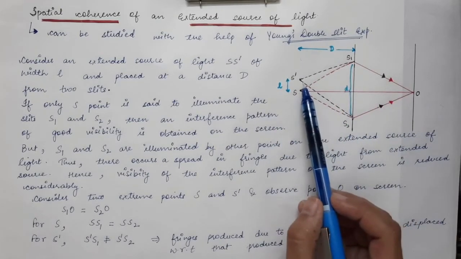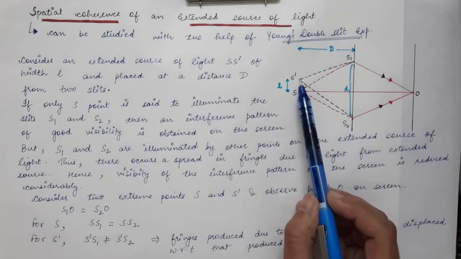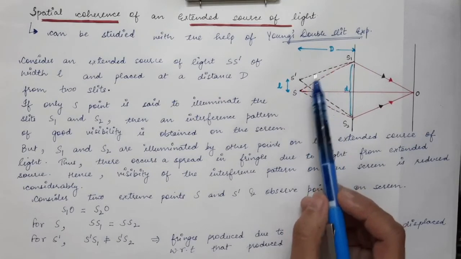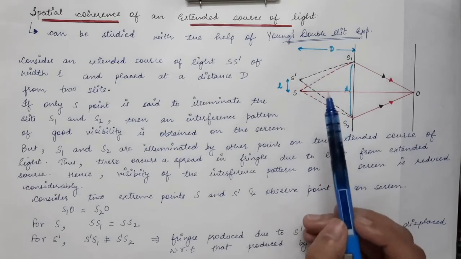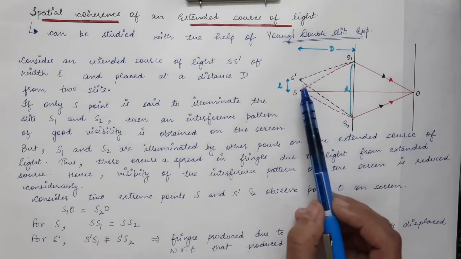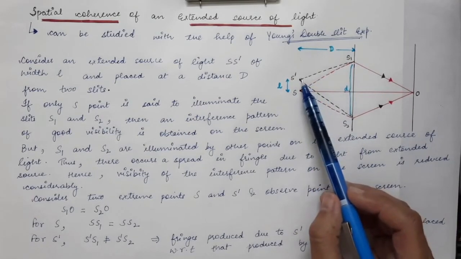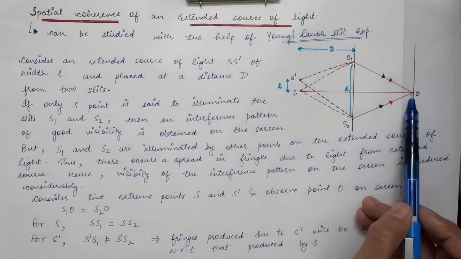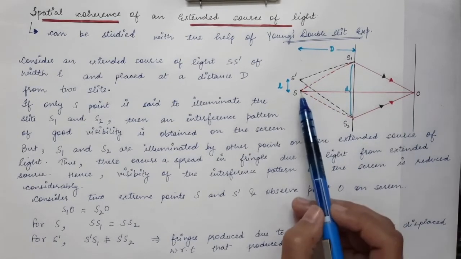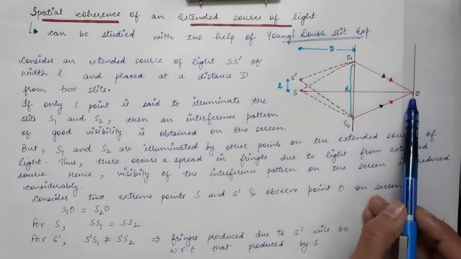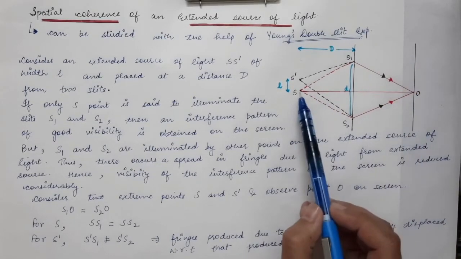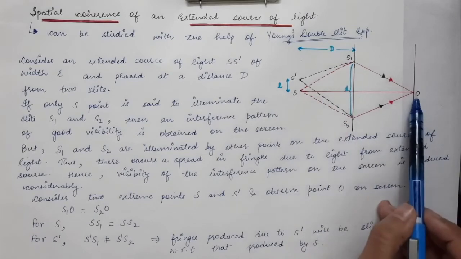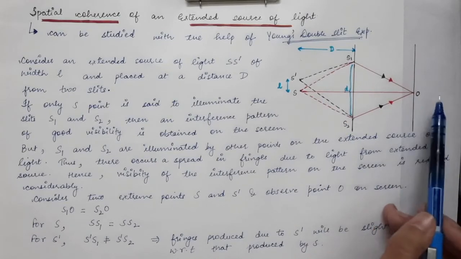So there will come one point when the path difference between the light rays coming from S prime is exactly equal to lambda by 2. And in that case, at O point we will have a dark fringe. So S point will make its own interference pattern on the screen. This point source S will make an interference pattern on the screen of its own.